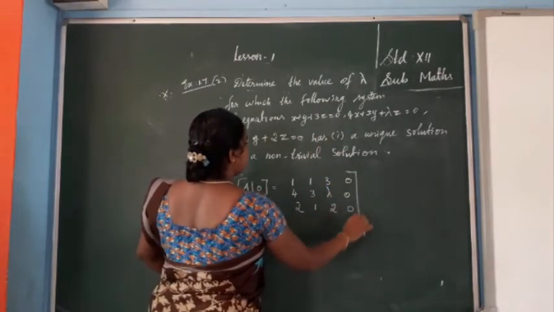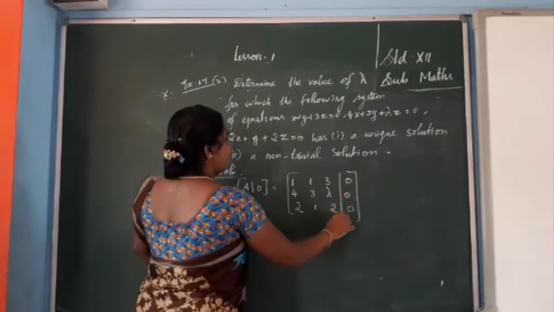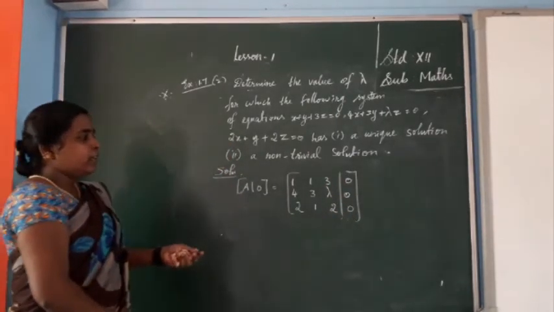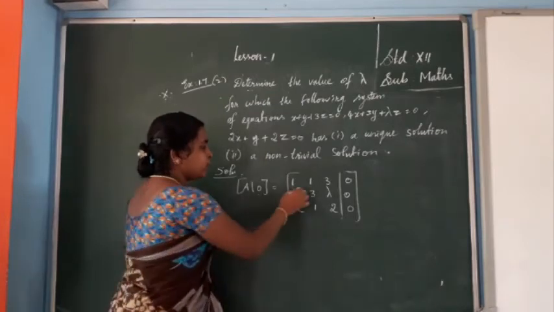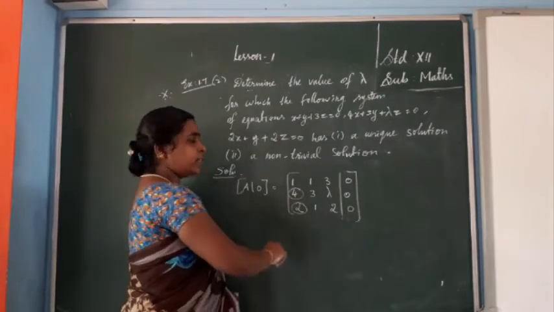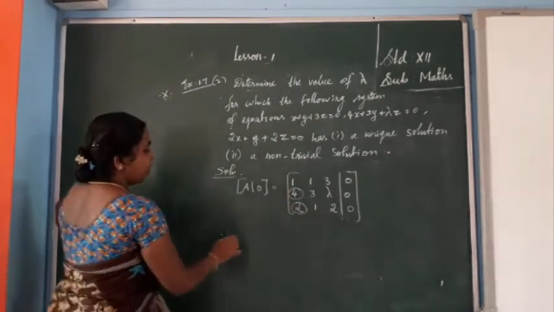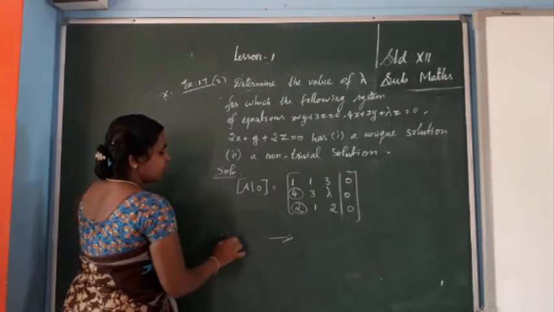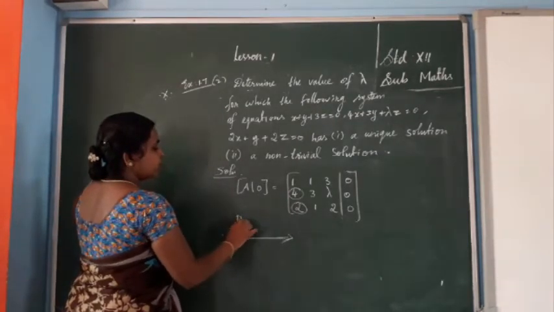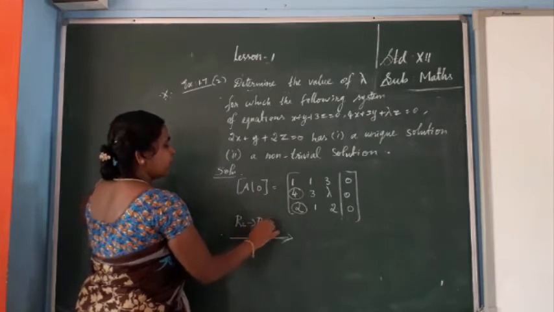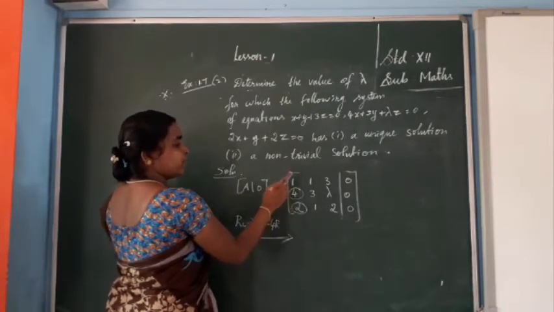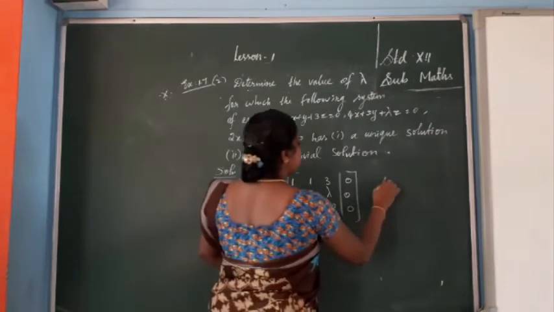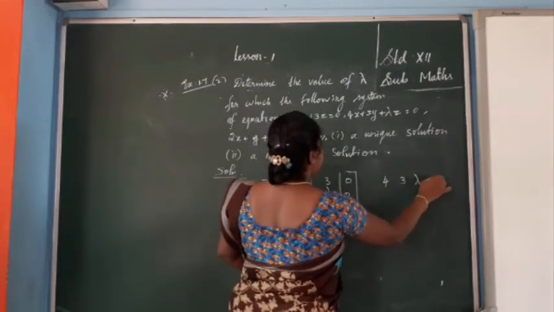Now, how to convert the matrix into row echelon form? You have to eliminate 4 and 2 using R1. So R2 gives R2 minus 4R1. Here R2 is 4 3 lambda 0.